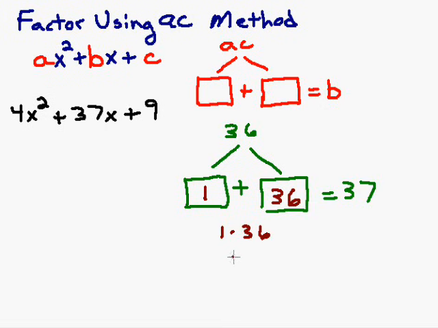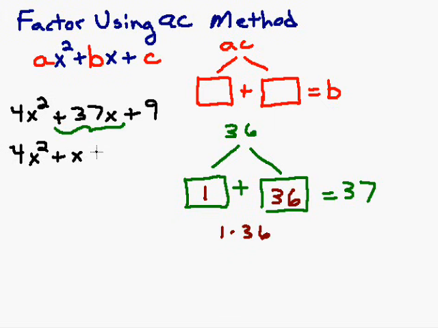Alright, so let's go ahead and do our next step, which is to rewrite our trinomial up here by splitting the middle term. So we're going to take this 37x, but we're not going to write 37x on the next line. We're going to write 1x plus 36x using our two numbers from the box over here. So the 4x squared comes down. The 37x is going to get split up, and it really doesn't matter, you could have the 1x and then the 36x, or the other way around.